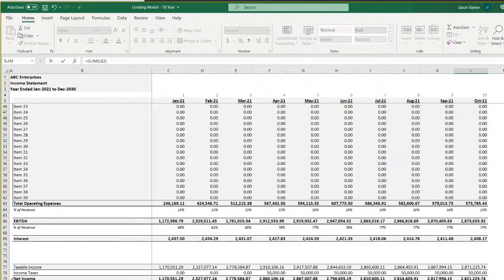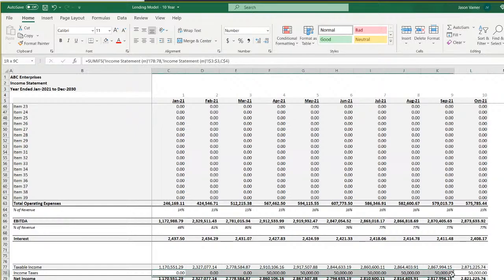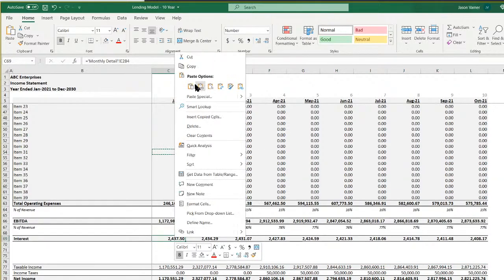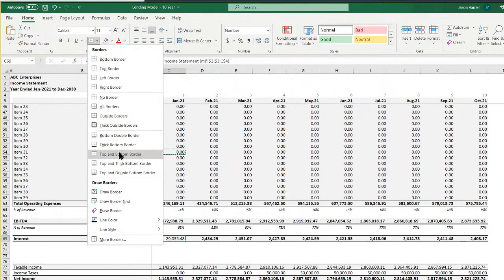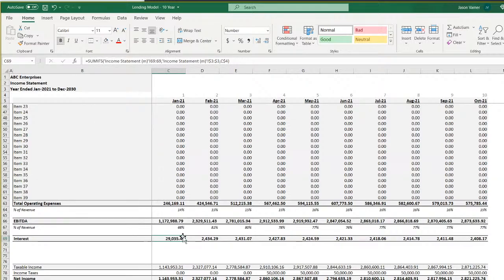These are always important sanity checks to make sure your numbers are what they should be based on the logic. So 241, what could that be? Oh, interest. That'd be that. Now we should be balanced. Perfect.